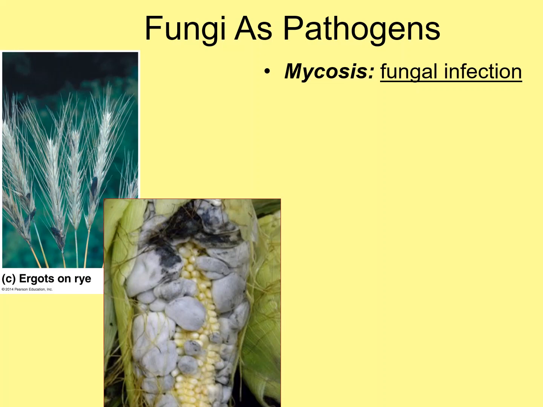So this could be a virus, it could be a bacteria, or it could be a fungus, or other kind of animal parasite, right? Or any kind of protist, right? We talked about several different kinds of protists that have adopted a parasitic lifestyle and cause disease like malaria or Chagas disease, for example.